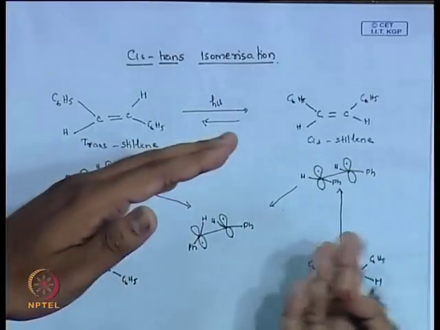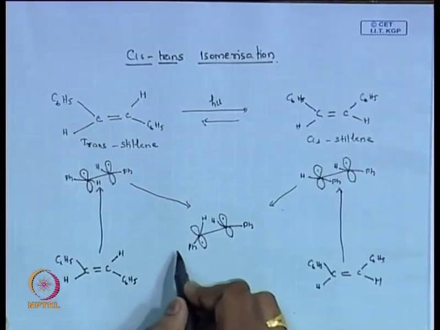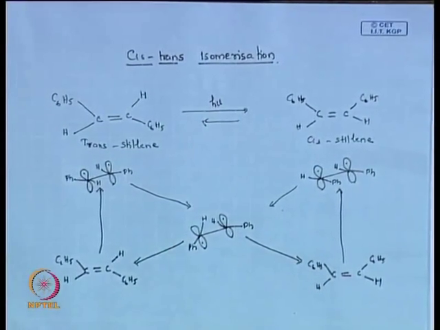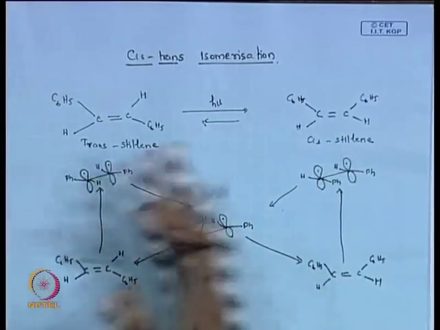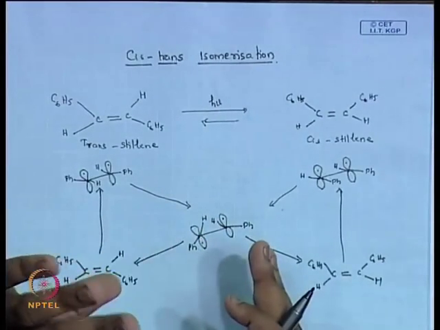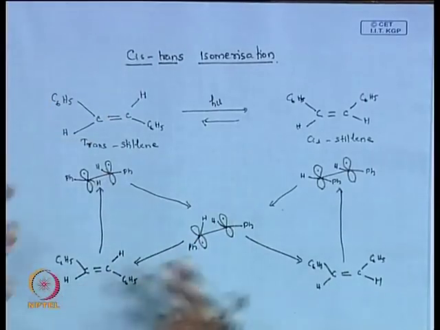In both cases I can turn around. So, I can get my hydrogen phenyl, and in both cases you will get a common intermediate. This intermediate can give me my cis and trans. So, that is how it keeps on flowing. You take it to cis, then because of this relaxed geometry form, it comes back from both cases to a common intermediate, which can move in this direction to give me trans, and in this direction to give me cis.